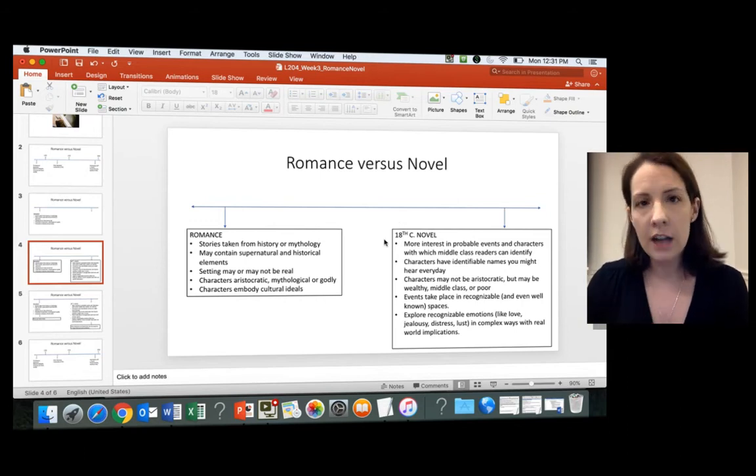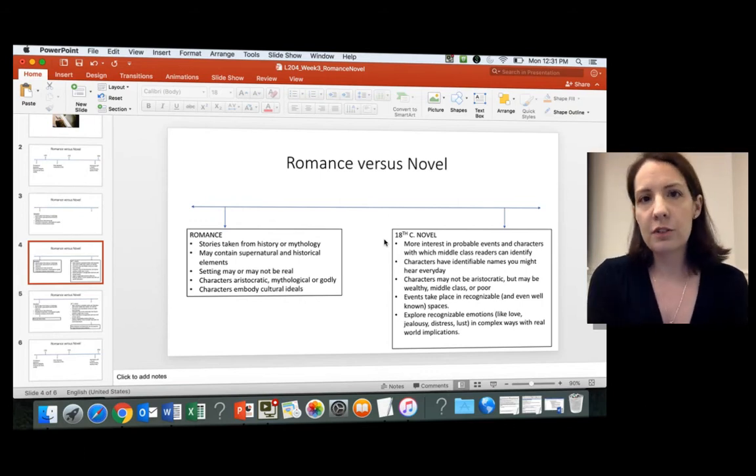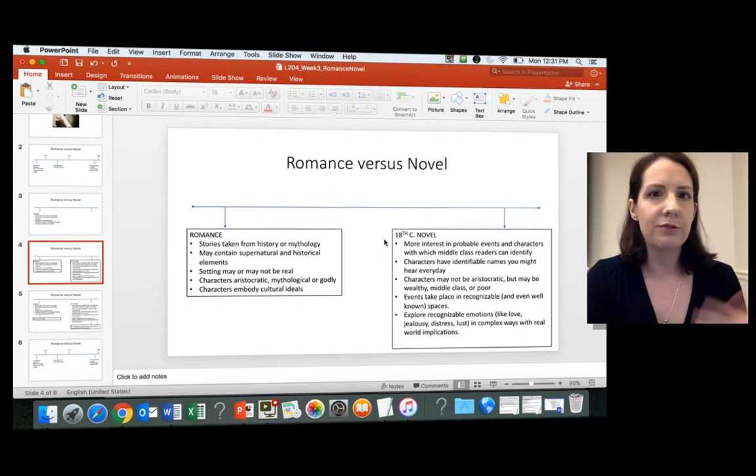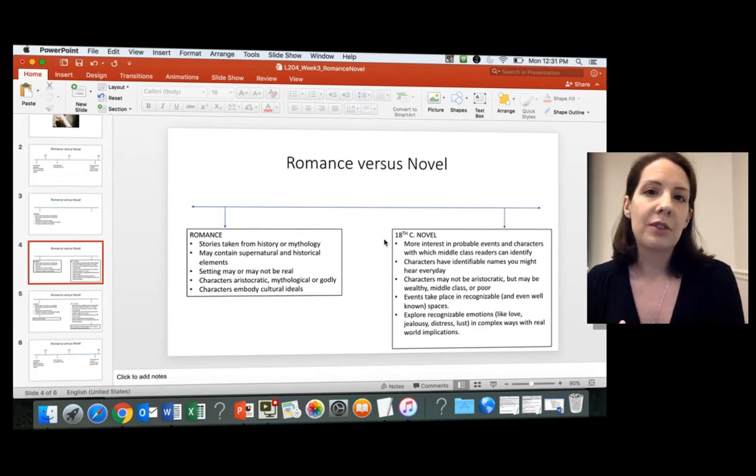And alongside that, you find in 18th century novels a strong interest in locating those characters in identifiable settings. That is, settings that their readers really can identify with and recognize. So again, whereas if you're in the 11th or 12th century, you might have just a generalized setting that is taking place in the English countryside, but that has no real markers of being that. In an 18th century novel, characters are going to be placed into settings that their readers can recognize and may have even been to.